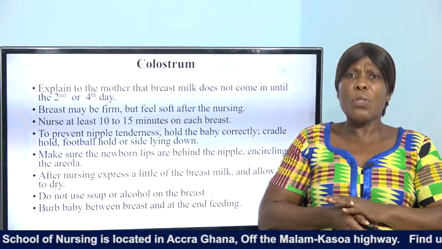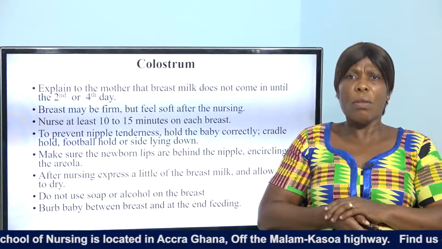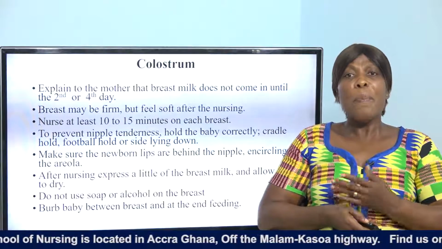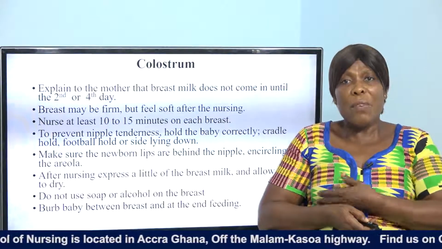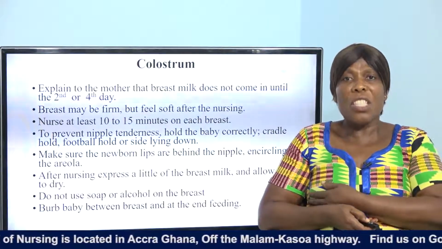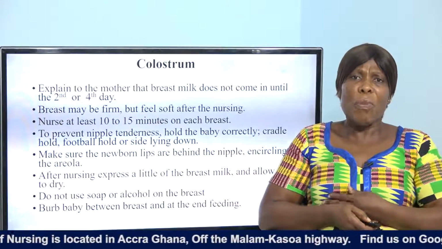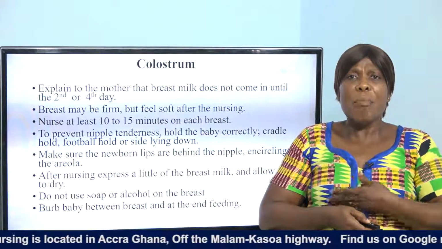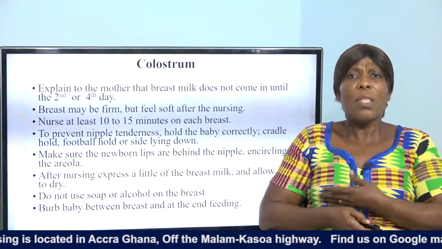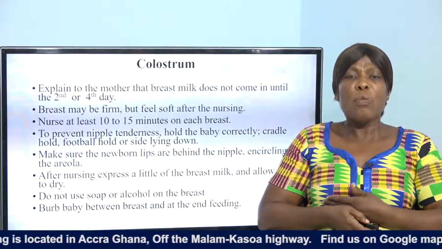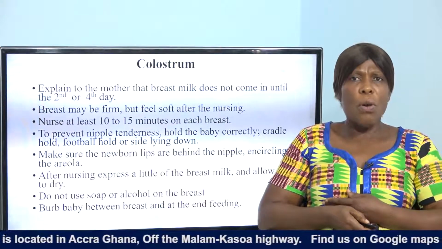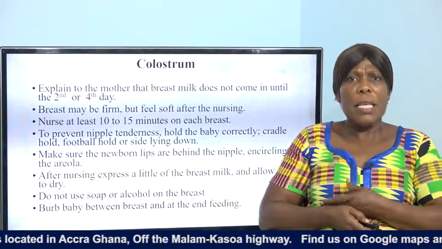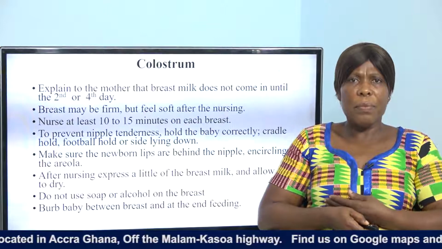Do not use soap or alcohol on the breast. Some people may say that we've sweated for some time, so we need to wash the breast before we breastfeed the baby. But we are saying that you just clean the breast with a towel and water. We don't use soap or alcohol in cleaning the breast.